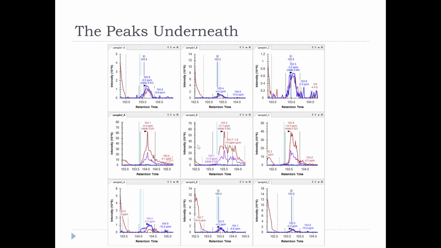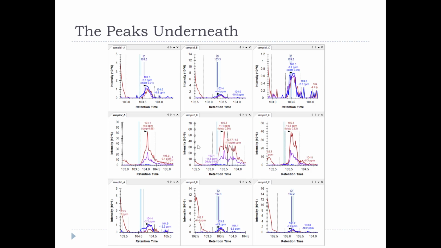These light blue lines are more information Skyline's giving you. It's doing retention time alignment, and it's saying, if there were an ID in here, we'd expect it to be right about there. That's where we're seeing the IDs in the other one. So I feel pretty good about that.